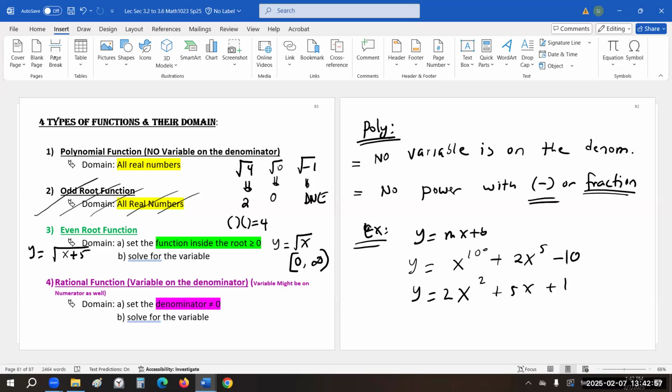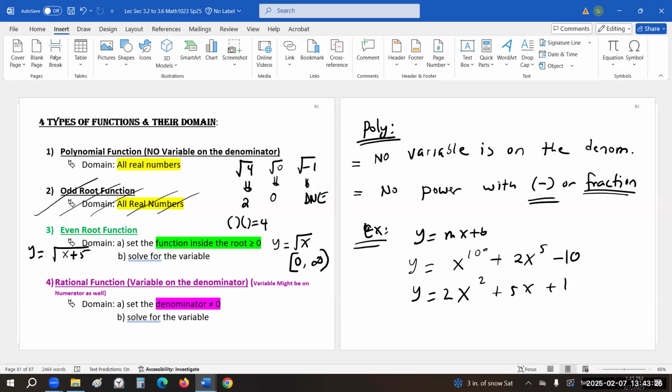How about negative 1? When x is negative 1, we have negative 1 plus 5. What is negative 1 plus 5? 4. And what is square root of 4? A real number, right? So yes, you can plug in negative 1. Can you plug in anything smaller than negative 1? How about negative 2? Yeah. Negative 2 plus 5 is positive 3. We can plug in.